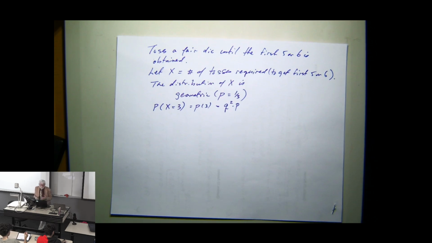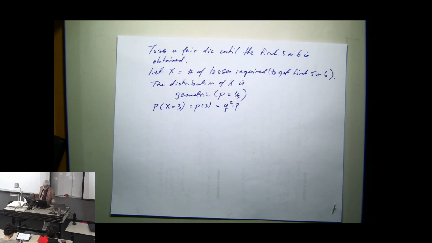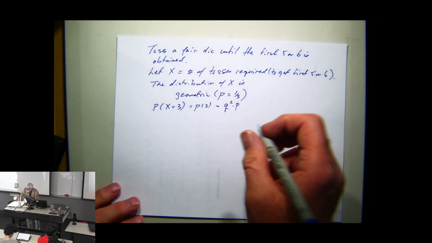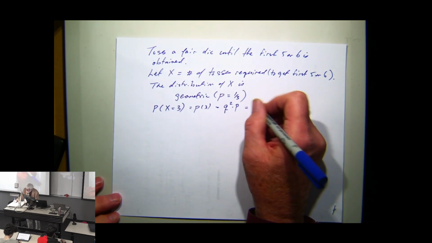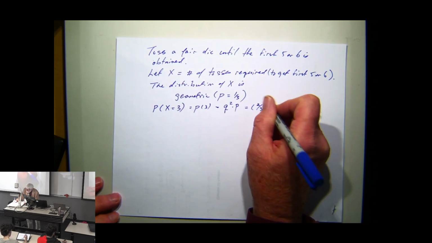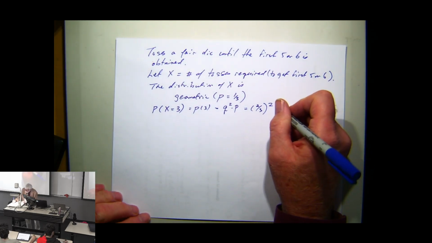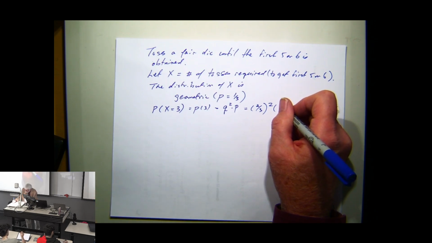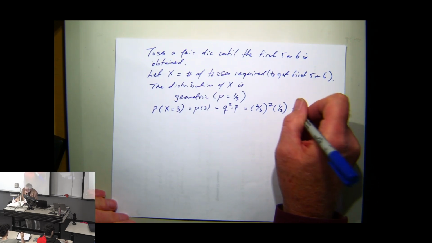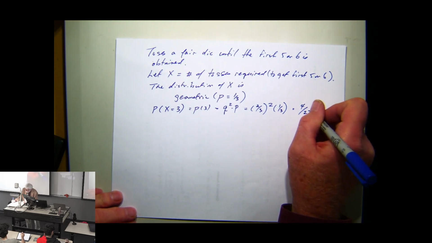Okay, and again, the probability mass function for the geometric distribution is simply q to the x minus 1, or 1 minus p to the x minus 1, because those are all failures, and then we get our success p. Okay, and so we've got 2/3 squared, didn't succeed for the first 2, and then we succeeded with probability 1/3, and that's where we got our 4 out of 27.